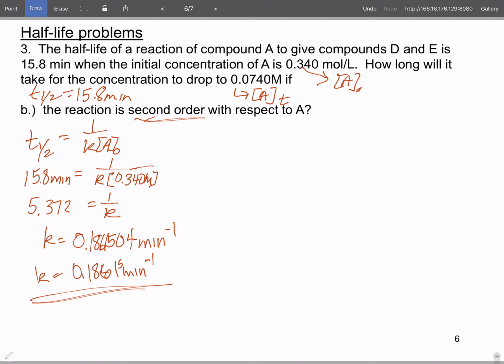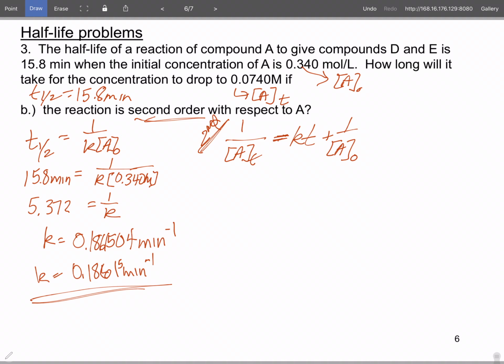Then the second part asks how long will it take? Well, for second order, and remember this is second order, 1 over A sub t is equal to kt plus 1 over A initial.